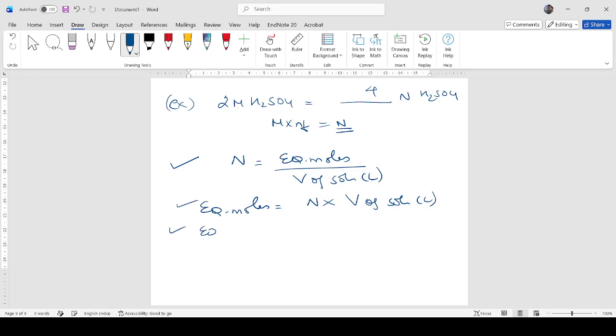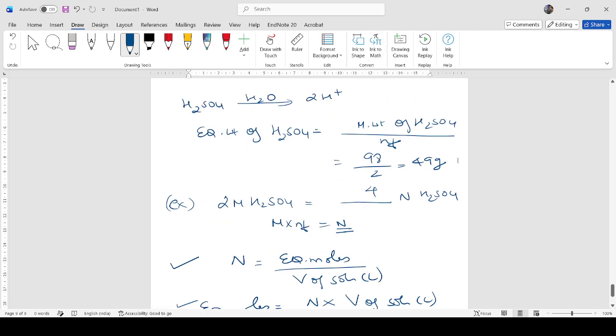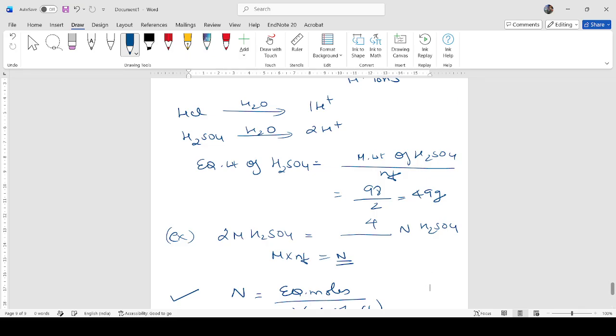If it is going to be in millimoles, we generally address it as milliequivalents. Milliequivalents should be equal to normality multiplied by volume of solution in ml. So this is with respect to the normality that we have got.